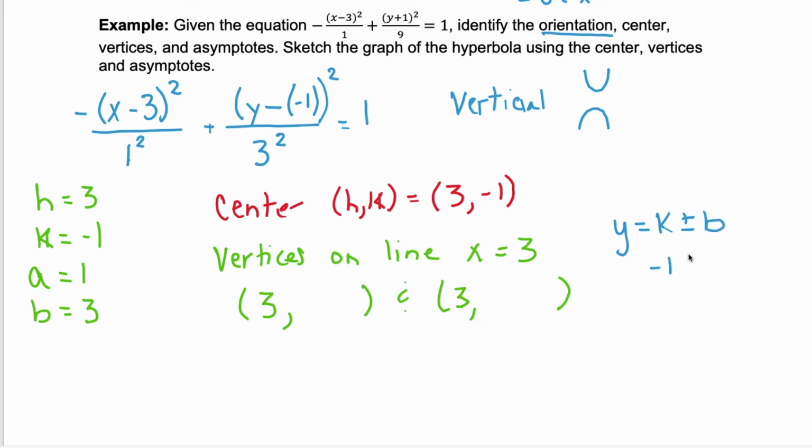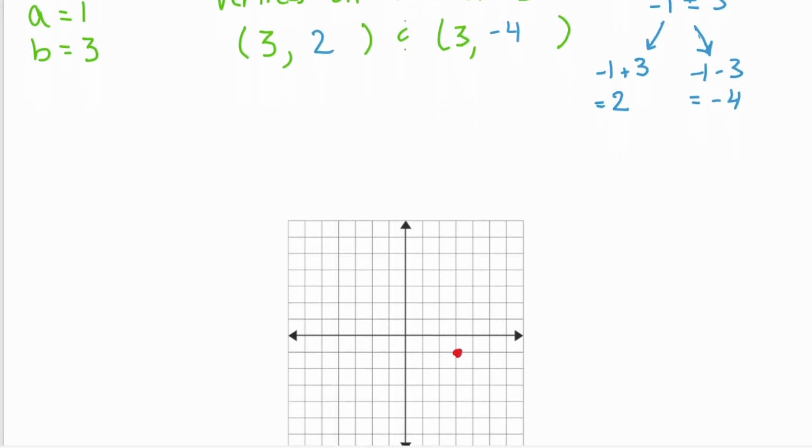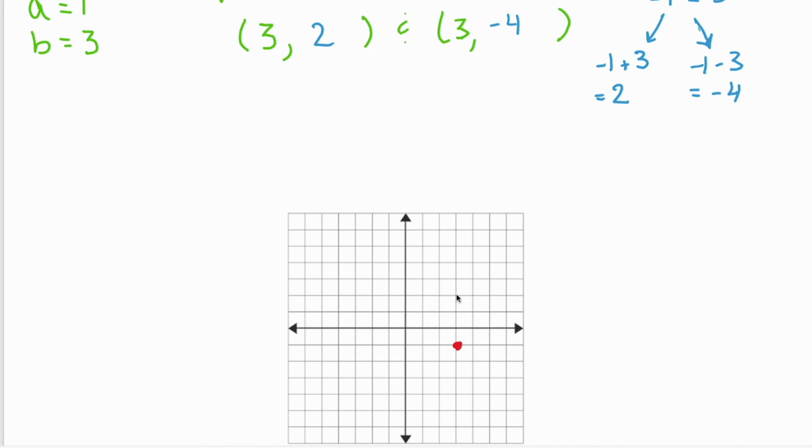So here that's negative 1 plus or minus 3. Negative 1 plus 3 is equal to 2, and negative 1 minus 3 is equal to negative 4. Let's plot those two vertices: (3, 2) and (3, -4). Notice that these vertices are equal distance from that center point.